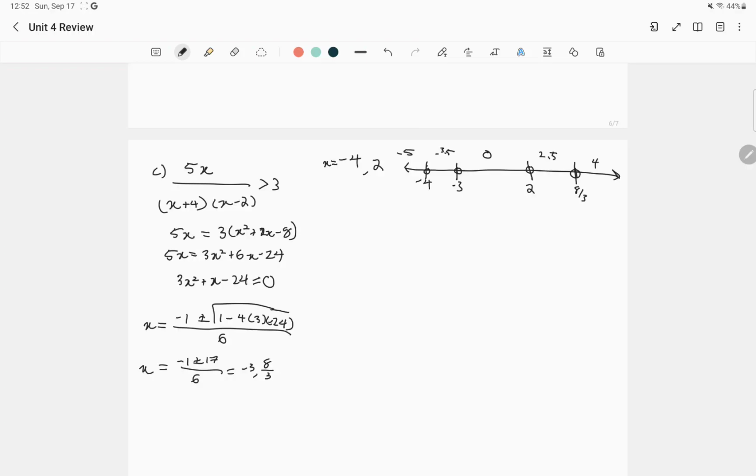So negative 5, if x were equal to negative 5, it's going to be equal to negative 25 over negative 1 times negative 7, and this is not greater than 3.